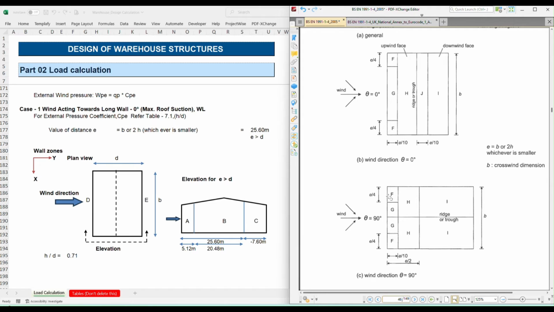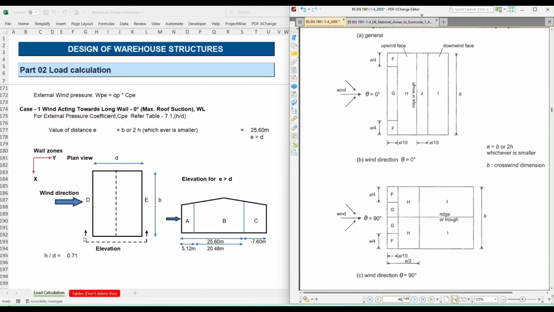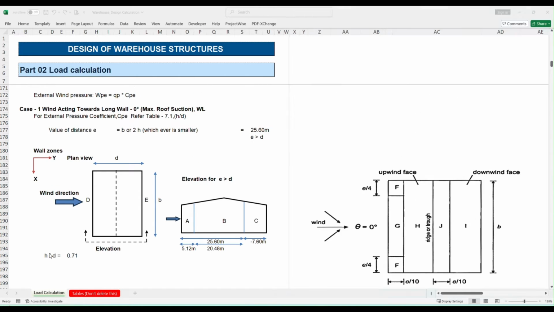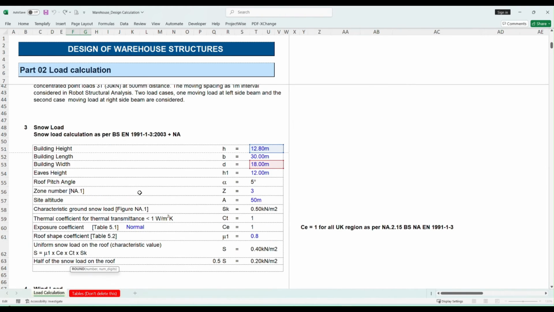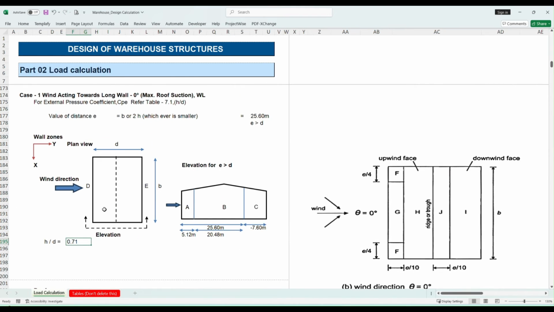So all this we need to calculate: the external coefficient for various zones from A to I. A to E is wall cladding and F to I is for roof cladding. Also we have calculated H by D, that is H, the total height 12.8 meters, divided by D, the width, coming to 0.71.